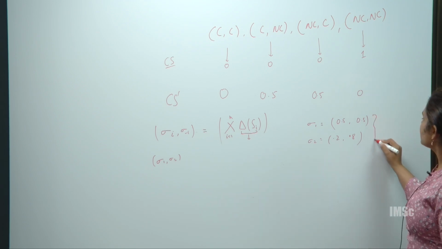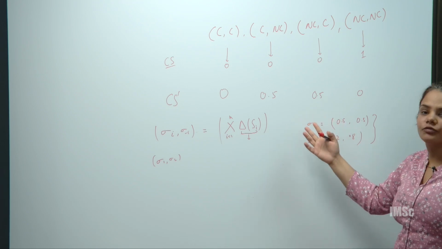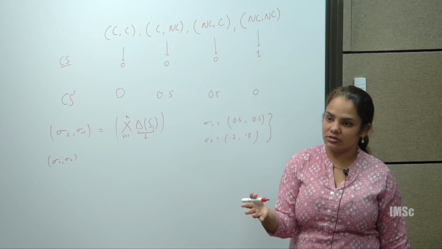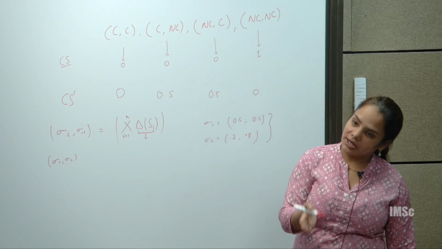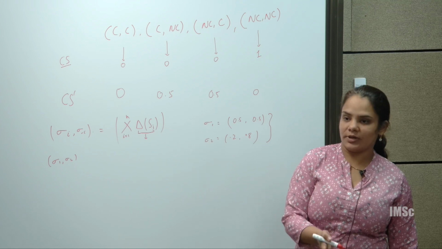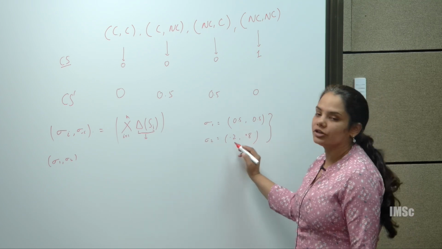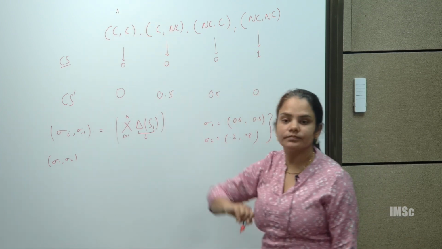To convert this sigma 1 comma sigma 2 mixed strategy to a correlated strategy, you find the probability of playing C comma C, when player 1 plays C and player 2 plays C. Because they are playing independently, this will be 0.5 into 0.2, which is 0.1.